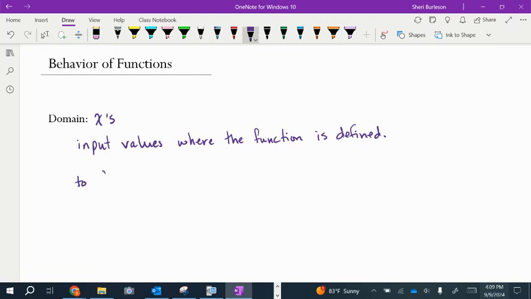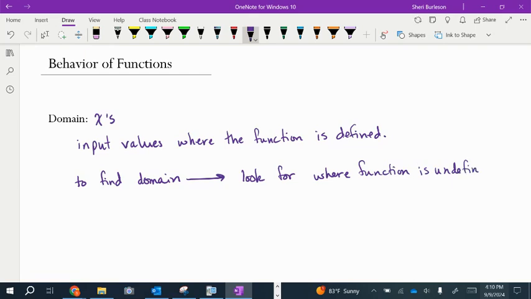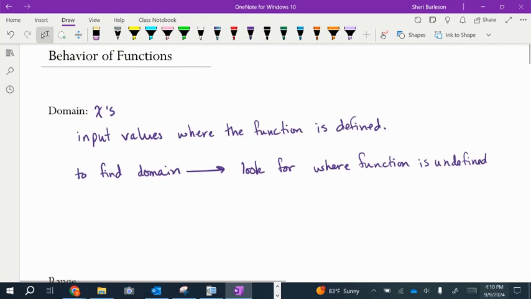So to find the domain, what you want to look for is where the function is undefined. And at this moment in time, we have two major places where a function is going to be undefined. The first one is if we are asked to take the square root of something that involves variables.